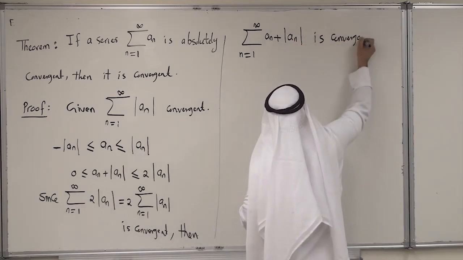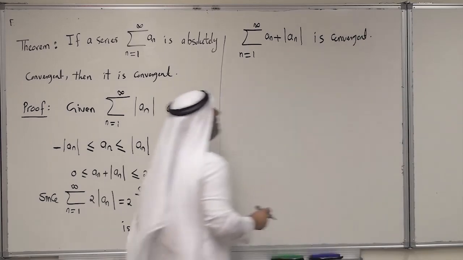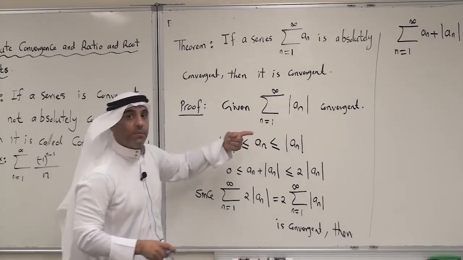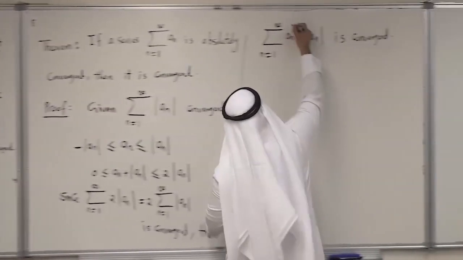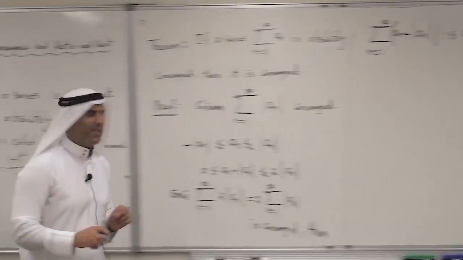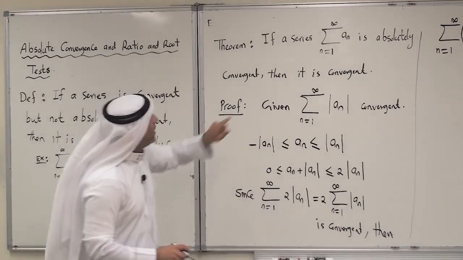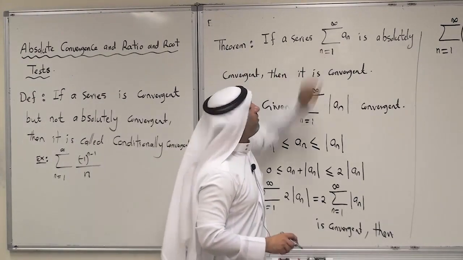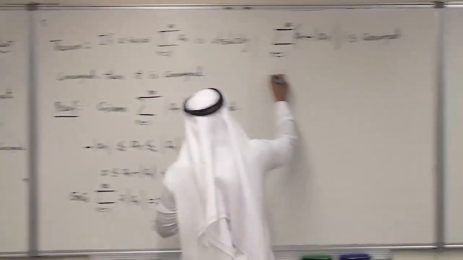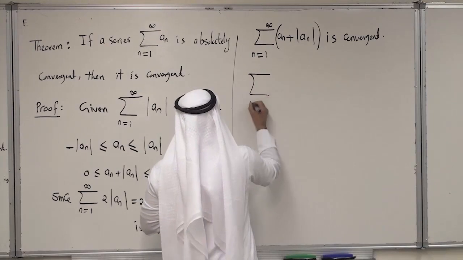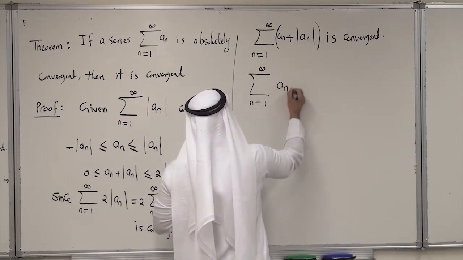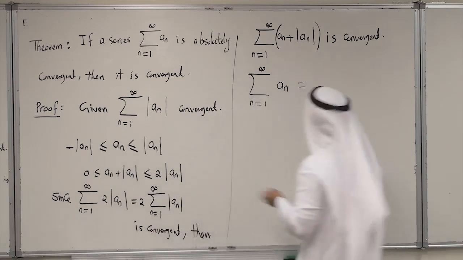So now we gain something beautiful here. We started with the series of absolute values being convergent, and we end up with the series of an plus absolute value of an being convergent. What's our target? Our target is to show that the series of an, n equal to 1 up to infinity, is convergent, and that is not difficult.